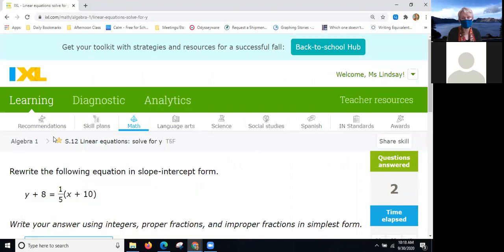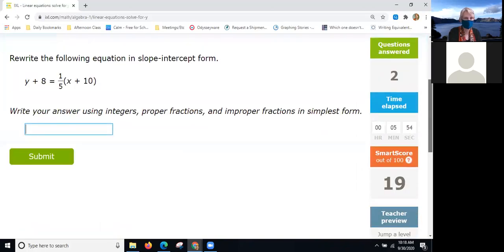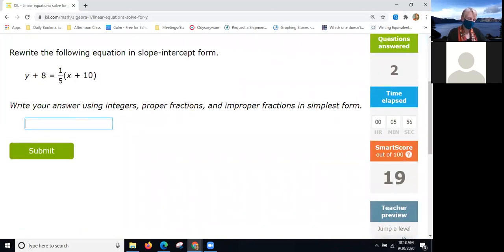There's going to be some fractions in here, so that may be another challenge for you. So don't let that overwhelm. If it's just like 1 over a number, 1/5 is the same thing as divide by 5.